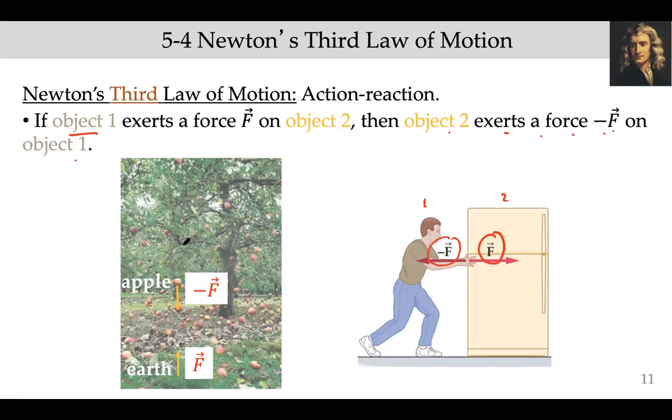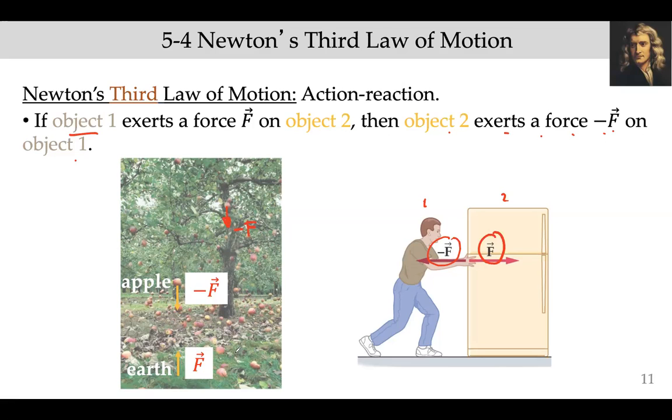Think about a falling apple or the apple on the tree. Doesn't matter. The earth is pulling the apple down, right? It's either falling or it's still on the branch. In either case, the earth is pulling the apple down. Does the apple pull the earth up? The answer is yes.